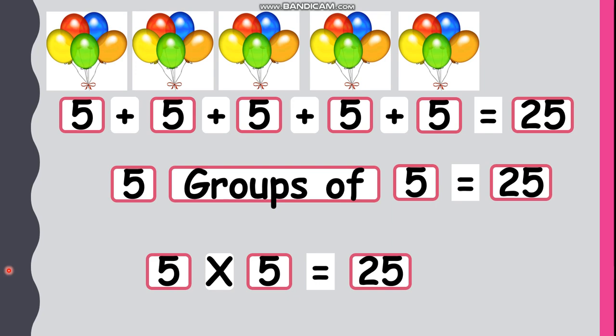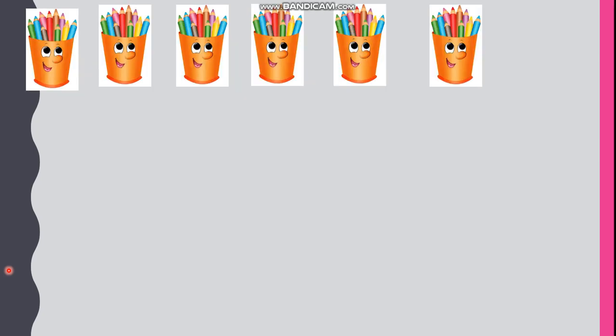Now, let's try another one. First of all, count how many pencil holders we have. Count them: 1, 2, 3, 4, 5, 6. Yes, there are 6 pencil holders. Now quickly count how many pencils there are in each holder: 1, 2, 3, 4, 5, 6, 7, 8, 9, 10.